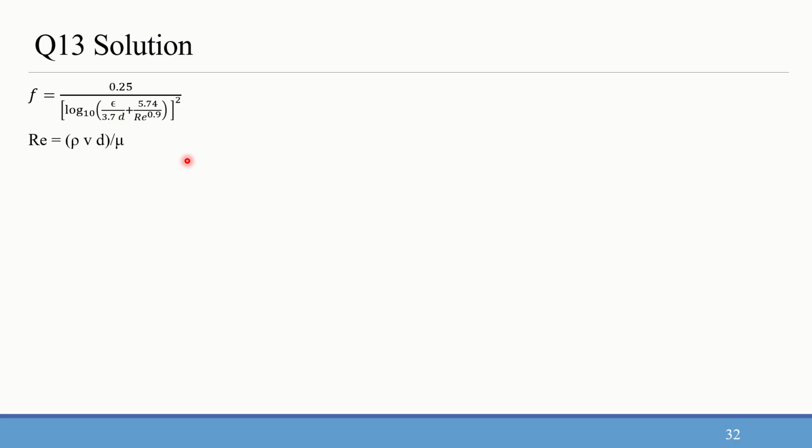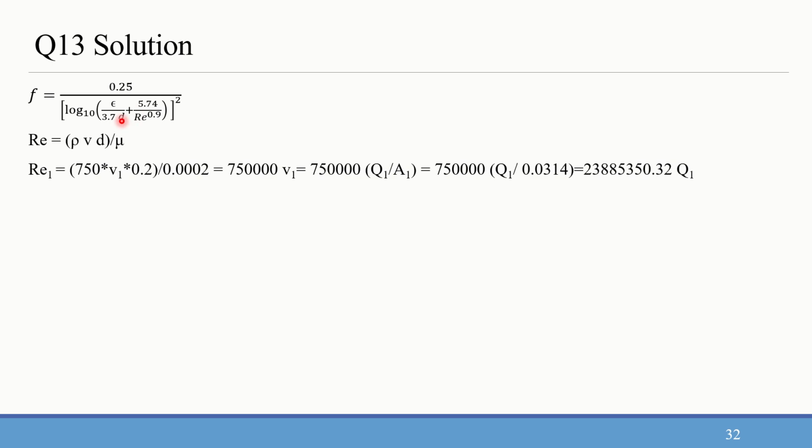Rho is a fluid property, mu is also a fluid property, it is known. So for pipe 1, Re is equal to rho V1 D1 by mu. D1 is known whereas V1 is unknown, but we can write V1 as Q1 by A1. I mentioned inlet earlier, sorry, it is pipe 1.